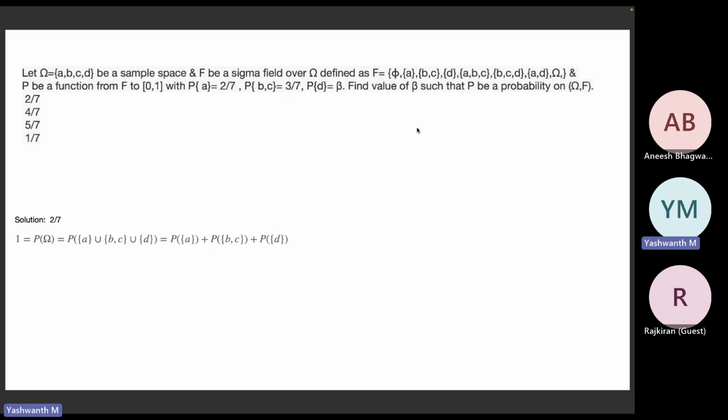What is D? Find the value of beta such that P is the probability on omega F. It's a very simple question; you may want to try it without looking at the solution.